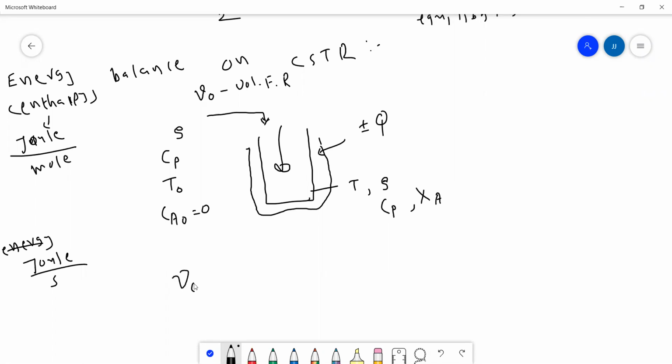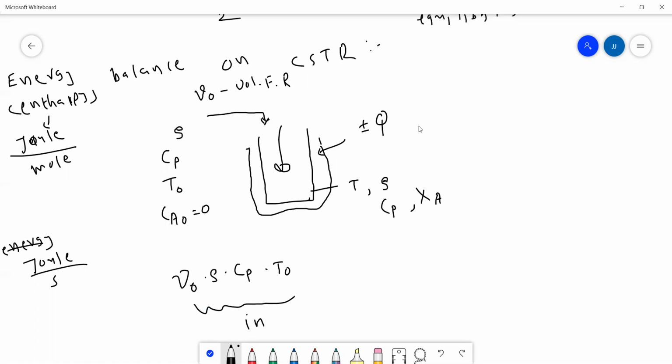V0 into rho into Cp and into T0. This is the energy in.